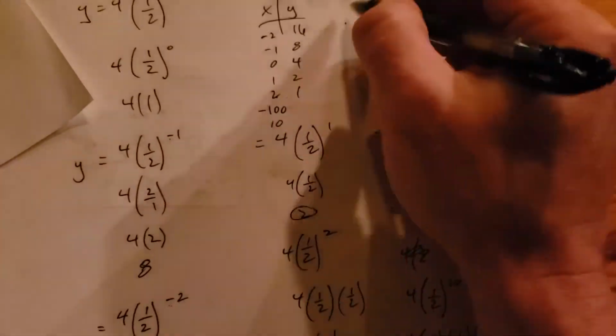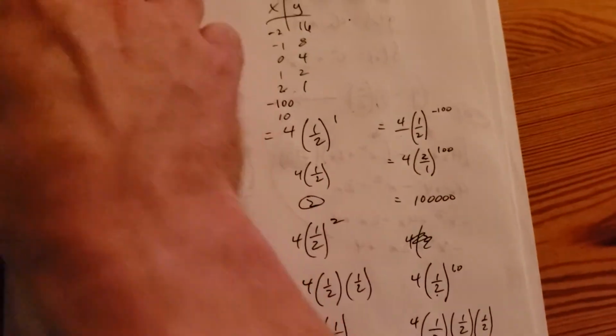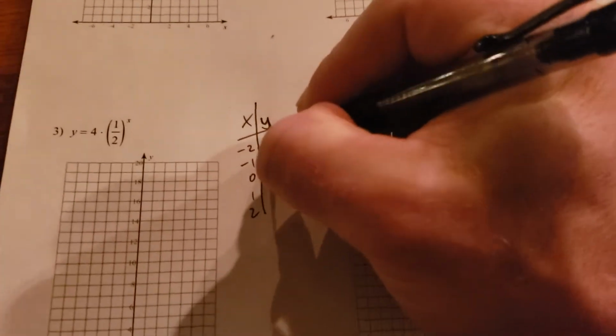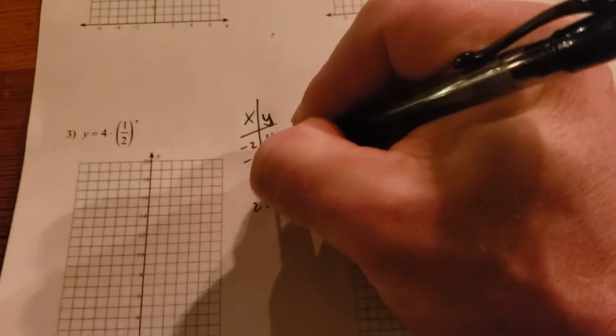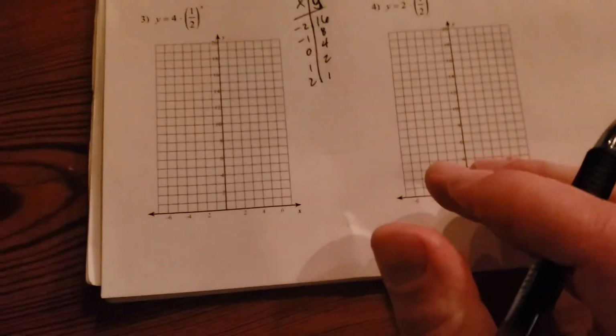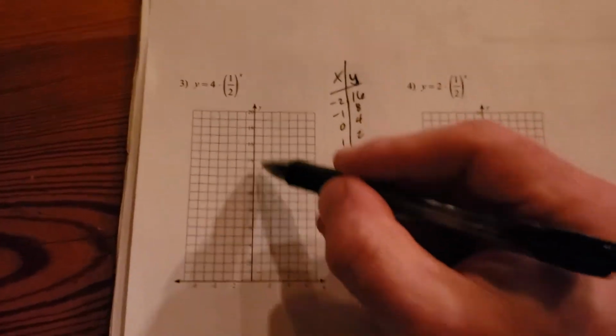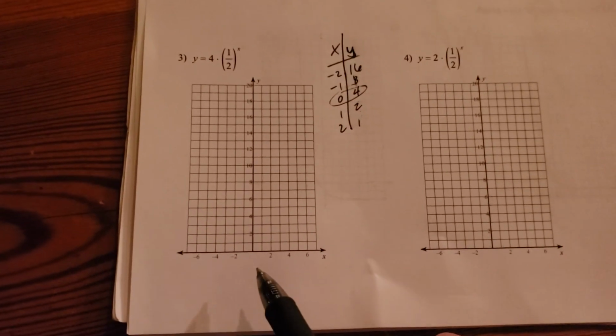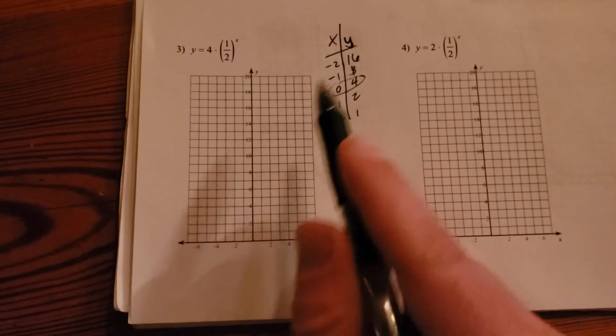So if we were to graph this out, let's come back over to our graph, and I'm going to transfer a couple of those values here. We have 16, 8, 4, 2, 1. The things that they're going to ask for on a given test are: what's the y-intercept? Well, we have that, x equals 0.